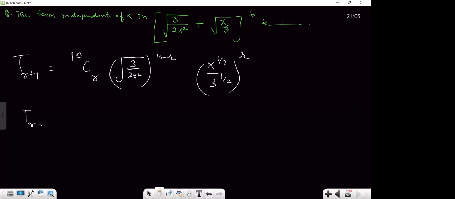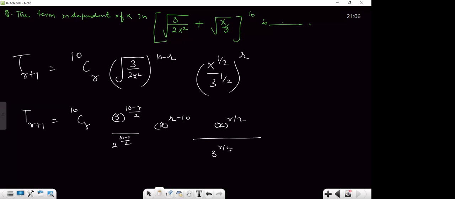Now simplifying, this becomes 10Cr, 3 raised to half into 10 minus r, that becomes (10 minus r) divided by 2, divided by 2 raised to (10 minus r) divided by 2, of course square also. And x square's square root becomes x raised to power minus of (10 minus r), and x raised to power r by 2 divided by 3 raised to power r by 2.